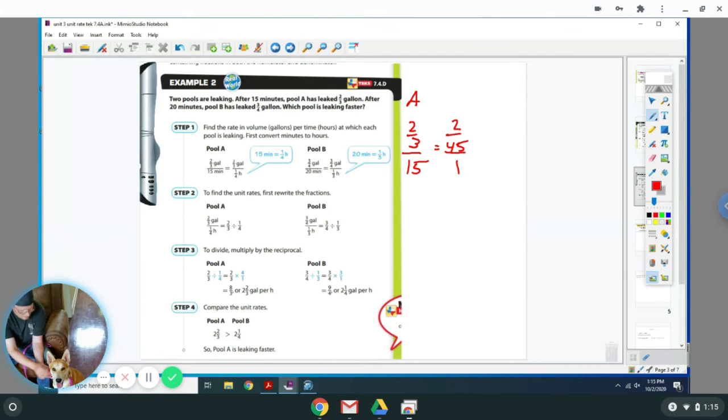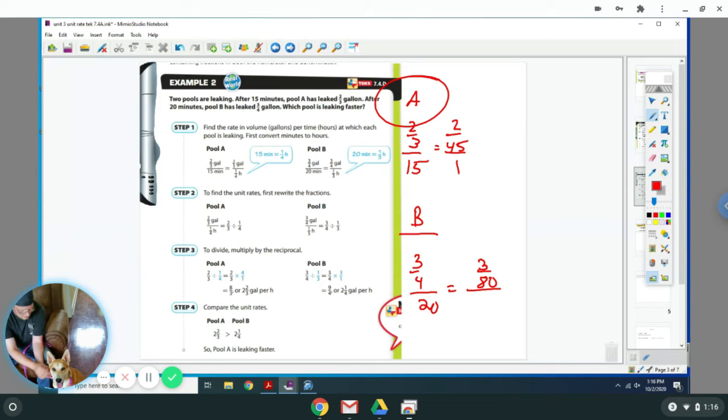And so then B is leaking 3/4 gallons every 20 minutes. So you would take the 3/4 and then divide it by 20, and you get 3/80. So 3/80 is 0.03 as a decimal, and then 2 over 45 is 0.04 as a decimal. So that means pool A is leaking faster.